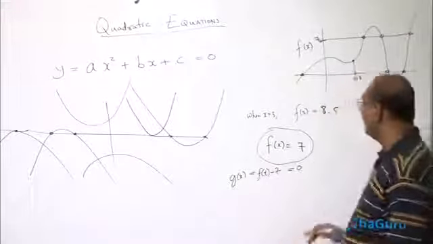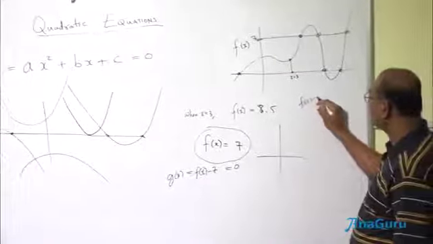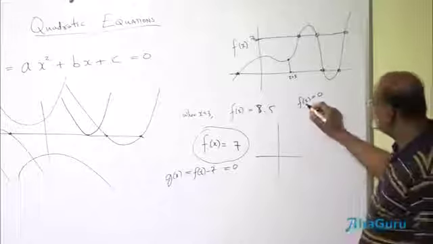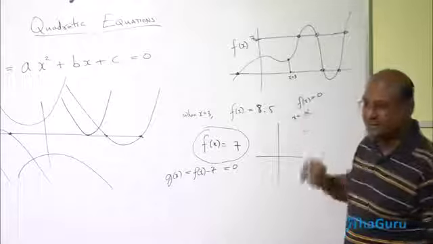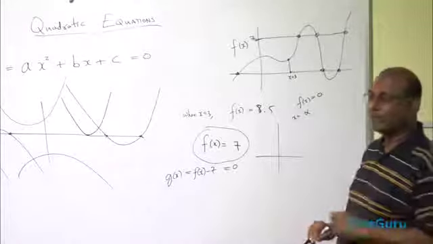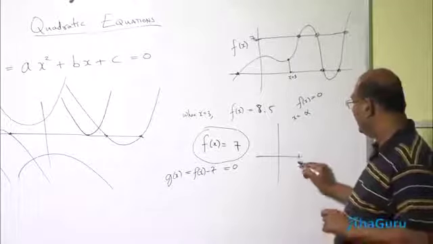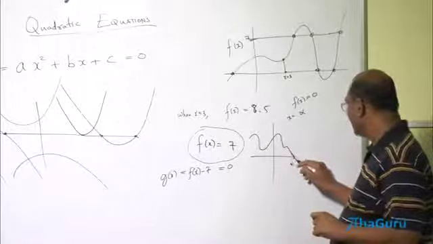Because once you say I have found f of x is equal to 0, we by the way call that value, suppose I say at x equal to alpha, f of x becomes 0, f of alpha is 0. Okay, alpha is the place where f of x cuts.